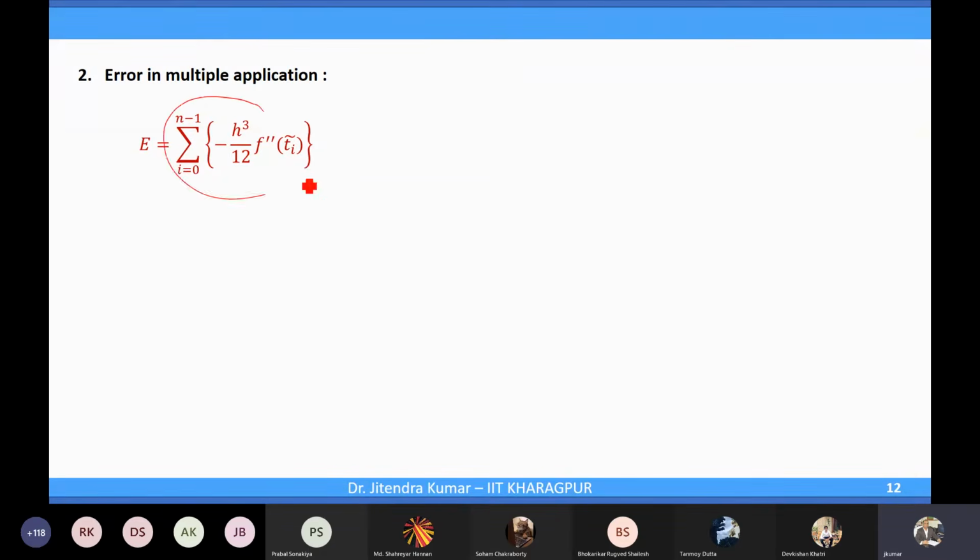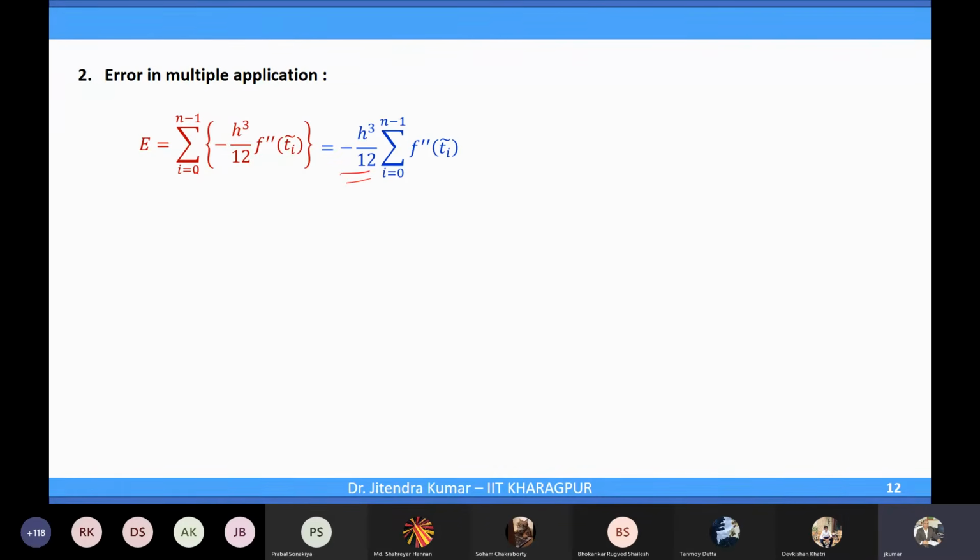Once you apply it for several intervals, in each interval you will have this error h cube by 12 and f double prime t. So we sum up all these errors over n intervals, from 0 to n minus 1.